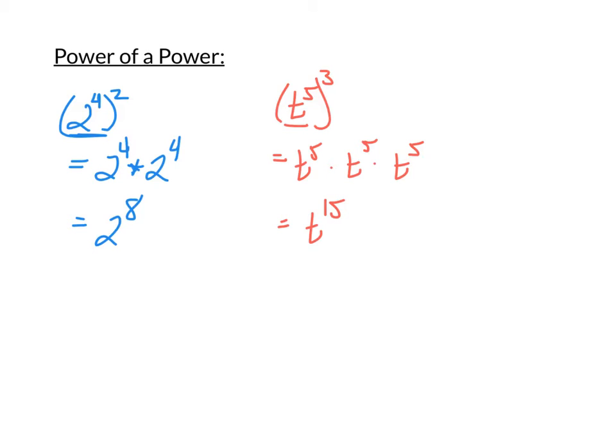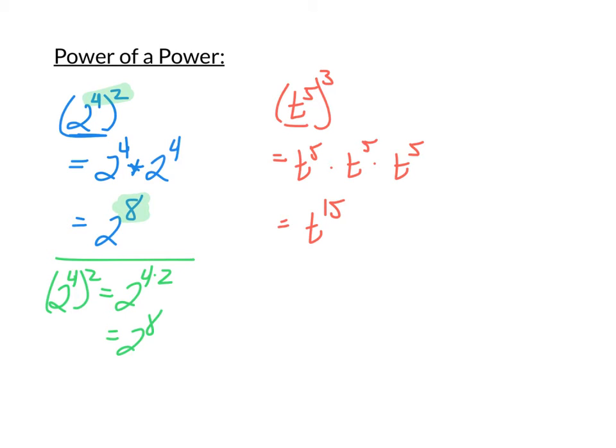But I'd like to shorten this process up a little bit. And if we take a closer look from the beginning to the end, when we started with 2 to the fourth squared, so right here, the fourth to the second, we ended up with 8. So how do you get from a 4 and a 2 and turn that into an 8? That's through multiplying. And so one other way that we could look at this is 2 to the fourth squared is the same as 2 to the 4 times 2, which was 2 to the 8th.